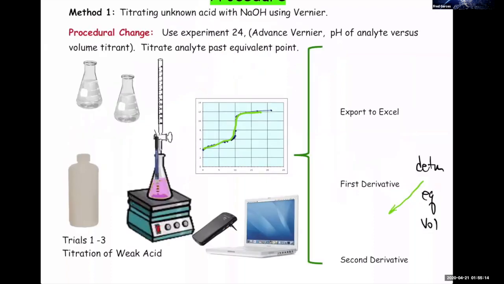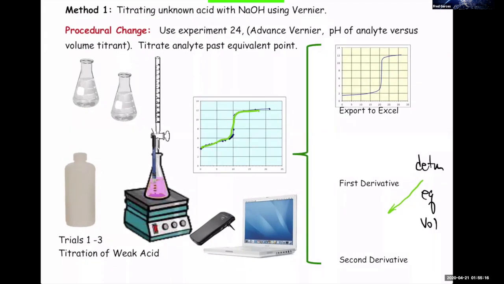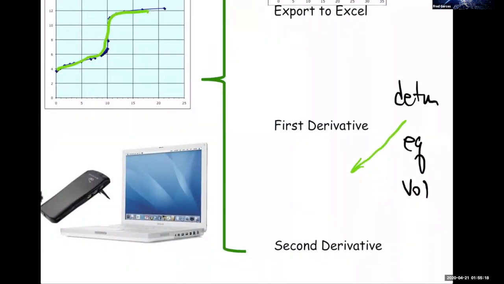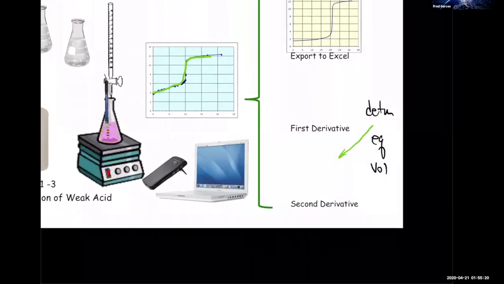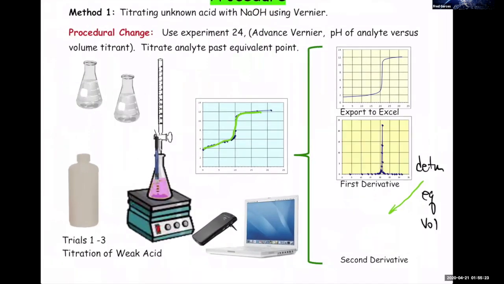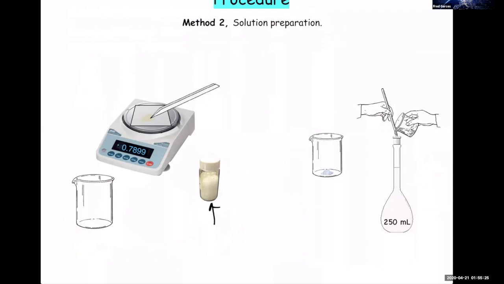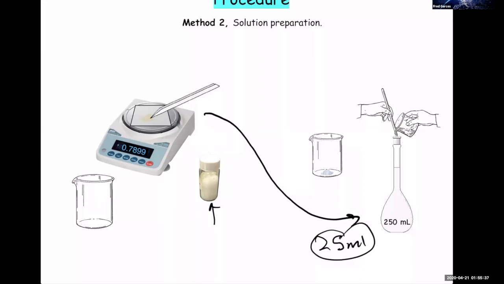Here in method 2, you have to weigh a mass that is 5 times greater than what you weighed in method 1. Why? Because you're going to take that total mass, put it in a 250 ml beaker, and then just use 25 milliliters of that solution.